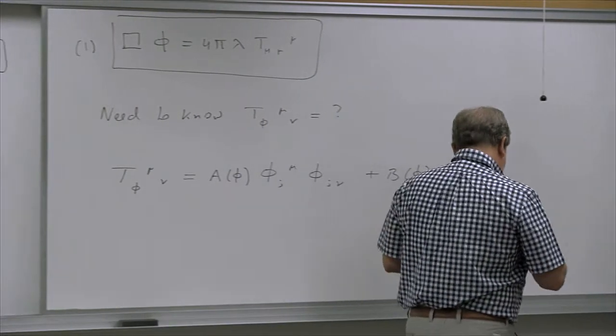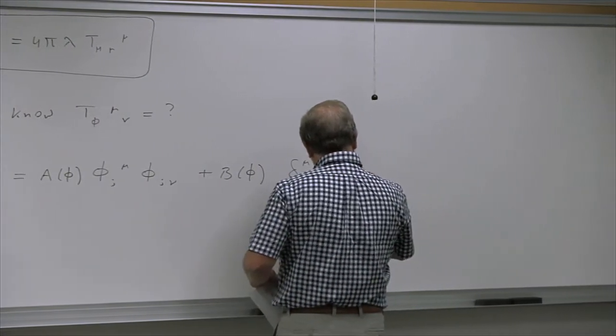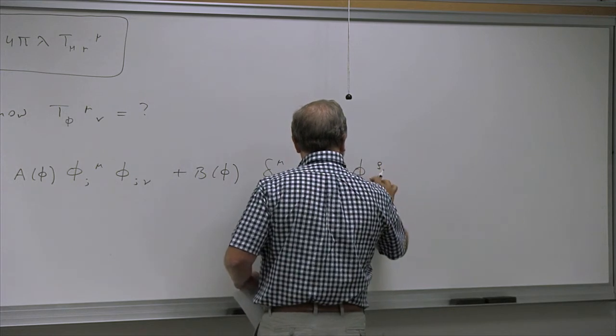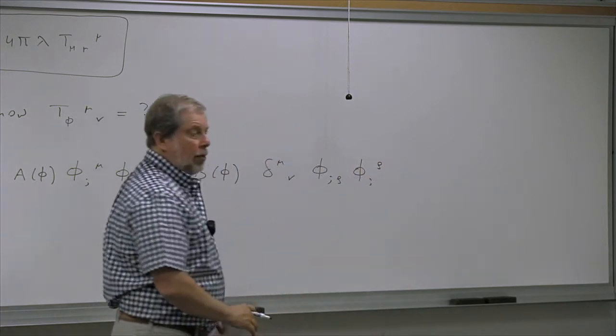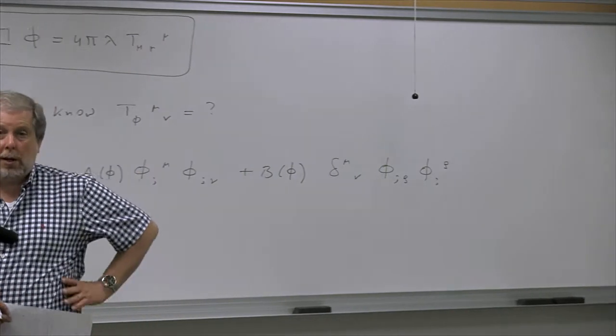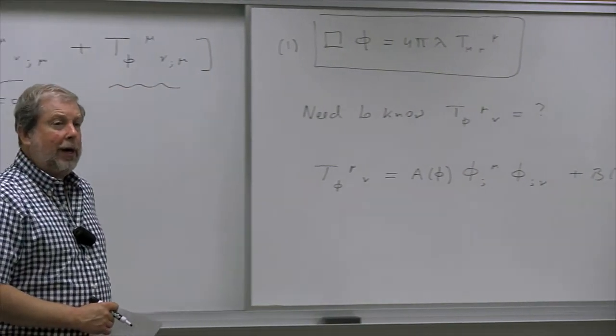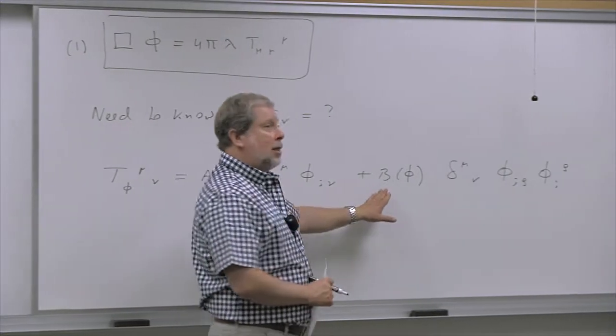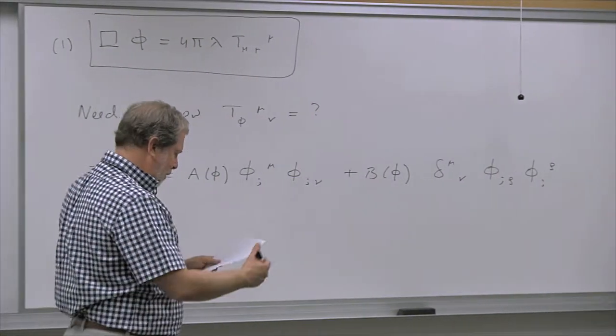And so now what you have here is φ semicolon ρ and φ semicolon ρ again. So in other words, you take the same derivative on the φ, you sum it over, and that's legitimate too. And this is again some arbitrary function of the φ field.